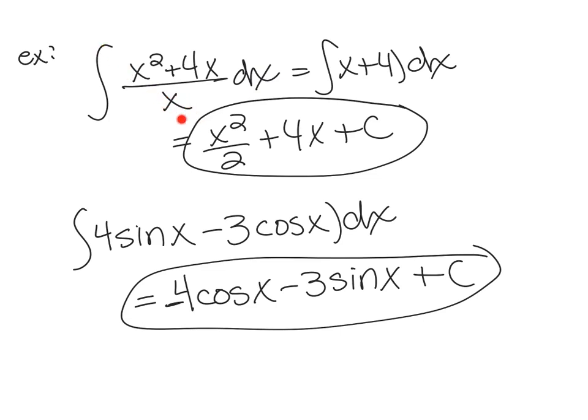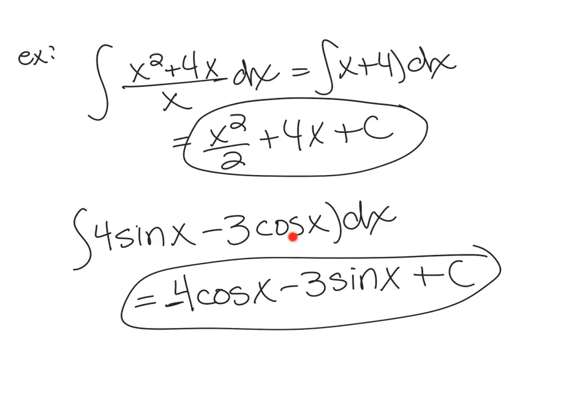You can't just cancel. You have to factor out an x and cancel it then, or split this into two fractions and rewrite it before you take your integral. Once I've rewritten it, this is simple. This is x to the 2 over 2, and this is 4x. Boom. Plus a constant of integration.